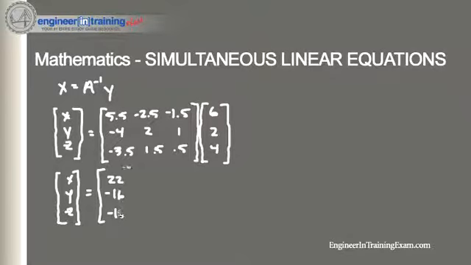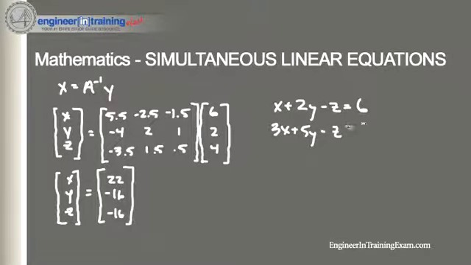So that tells us that for the set of unknown values that we were given at the very beginning, or the set of linear equations, let's go ahead and write those out again. x plus 2y minus z is equal to 6. 3x plus 5y minus z is equal to 2.